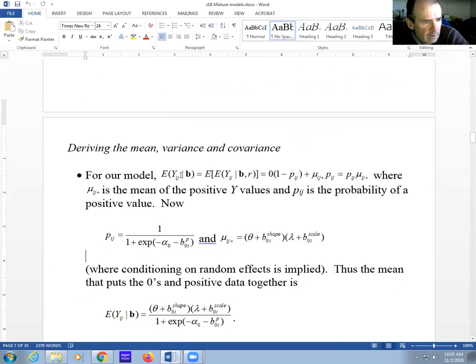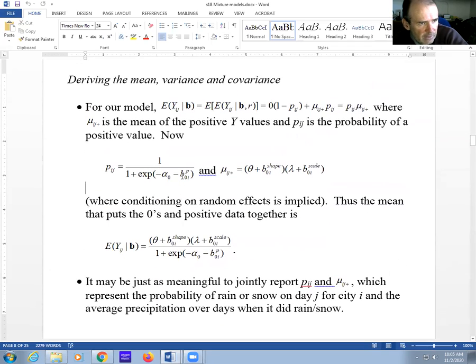There's some technical stuff here that you can probably spend a little less time on, but you can show the expected value of y given the random effects is equal to the probability of having rainfall for a given city on a given day.